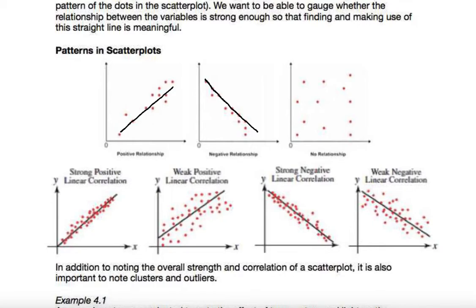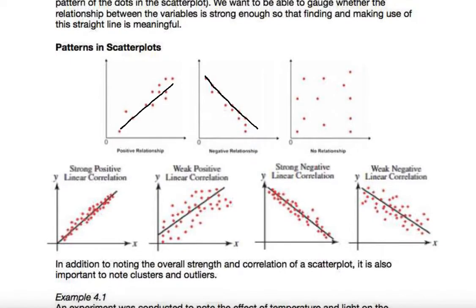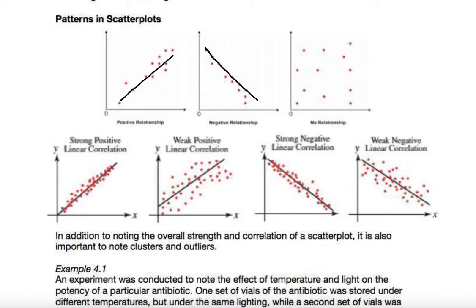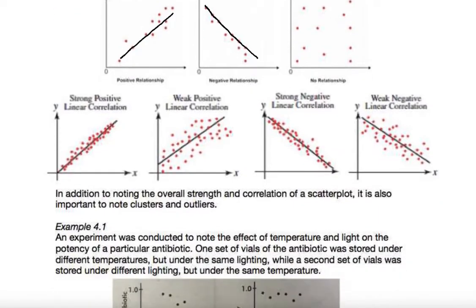So in addition to being able to talk about whether or not you have a positive, negative, strong, or weak relationship, you also want to talk about, is there clustering? Does there seem to be pieces that are grouped together? And do you have outliers?